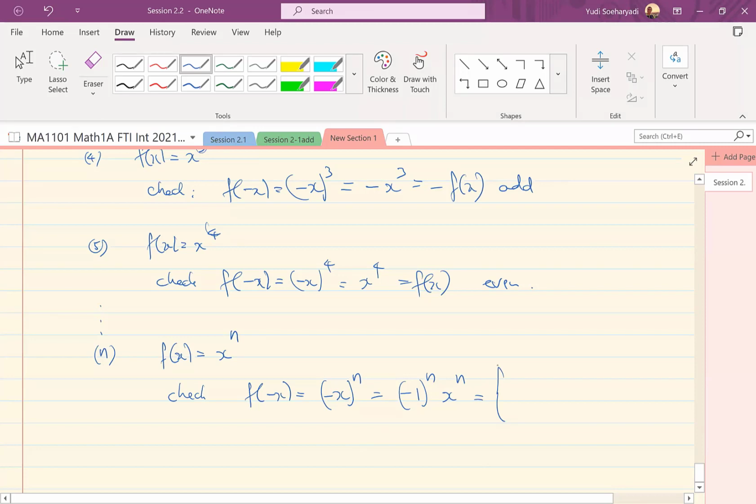If n is even, this becomes 1. When n is odd, this is negative 1. Here you have f of x. Here you have negative f of x. So this is n odd.